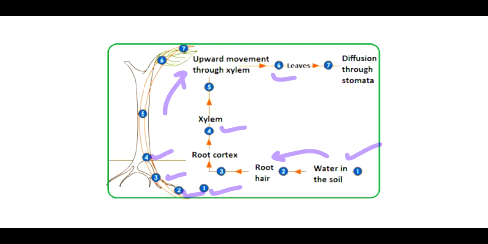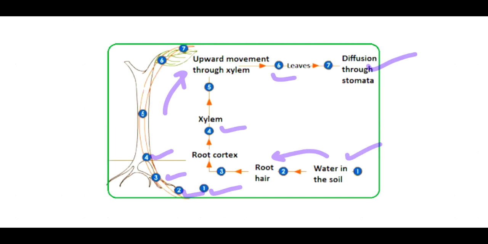This water is supplied to the palisade cells and the spongy cells for photosynthesis, but most of the water evaporates and remains in the air spaces of the spongy mesophyll cells, and it diffuses out through the stomata, and this process is called transpiration. Diffusing through the stomata is the end of this water. So as you see, this is the pathway of how water travels from soil to the leaf, and from leaf to the air.